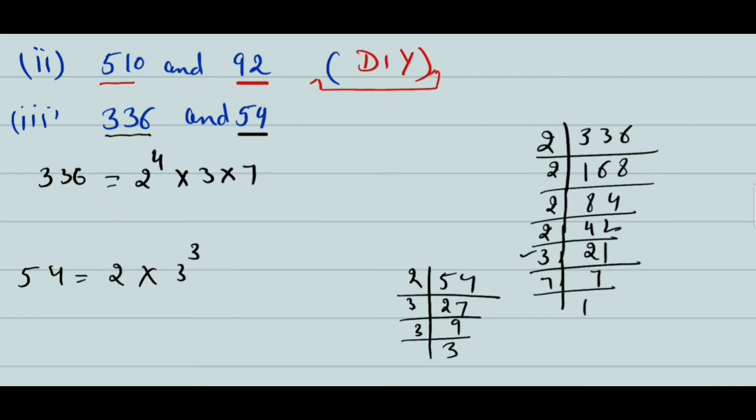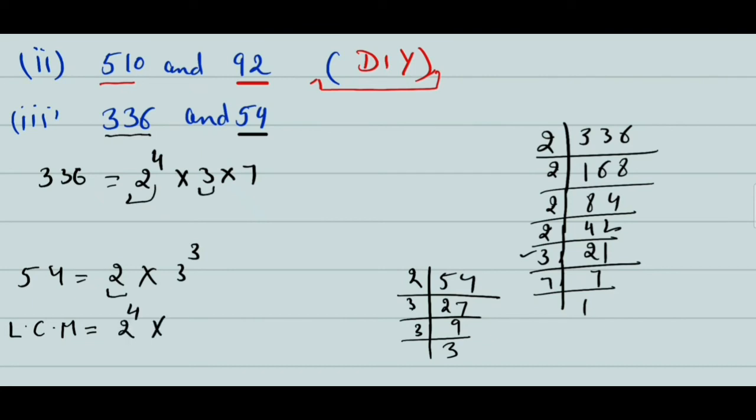So let's see what the LCM is. For LCM we have to see all the factors and take the maximum or greatest power of each factor. For example, here 2 and here 2 raised to power 1, so I will write 2 raised to power 4 into.